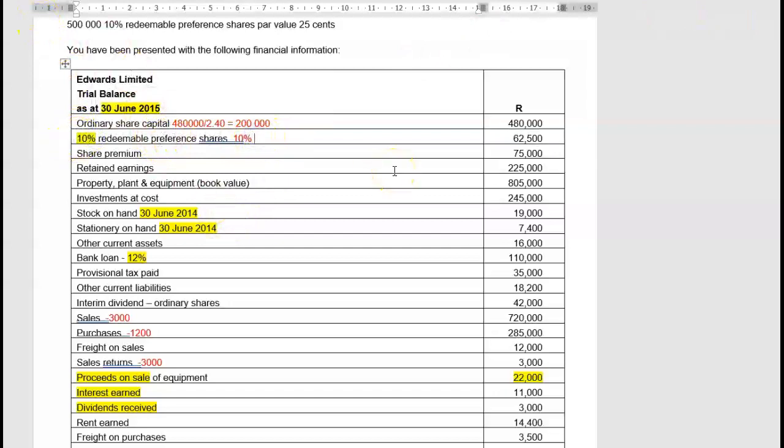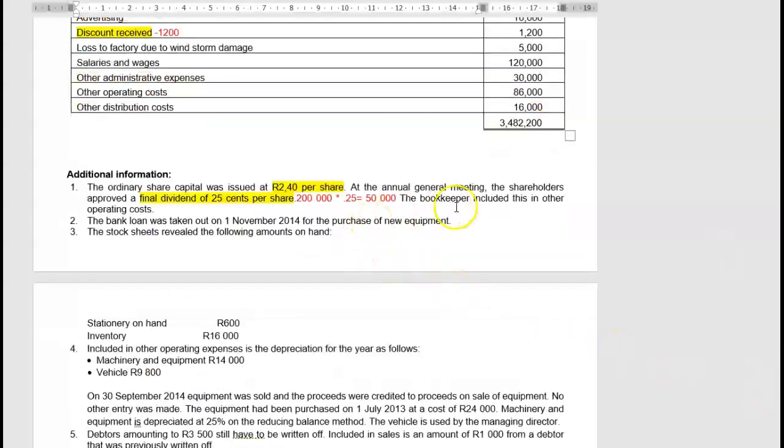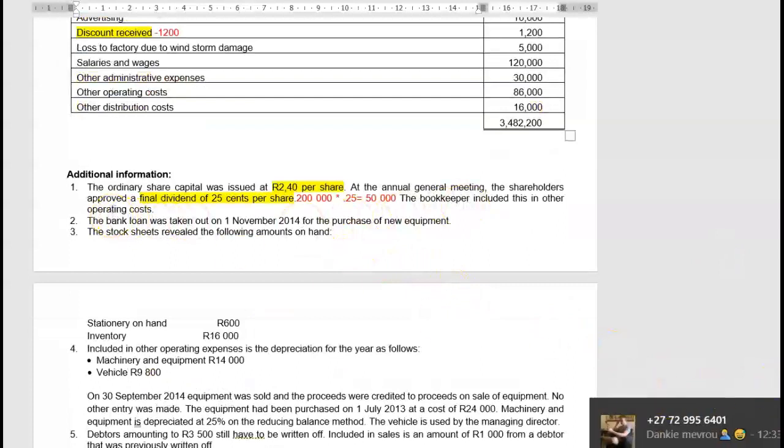So the dividend I'm going to declare is going to be 10% of 62,500, which is the capital amount, and that equals 6,250. So the total dividend there, 25 cents, was 50,000. So the total dividend of 56,250 Rand was included where? Was included in other operating costs.